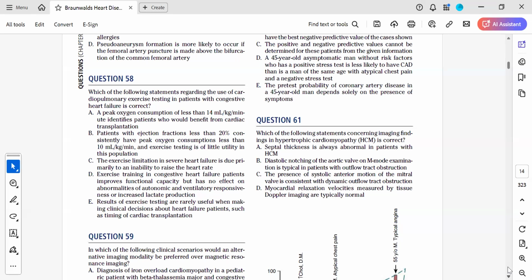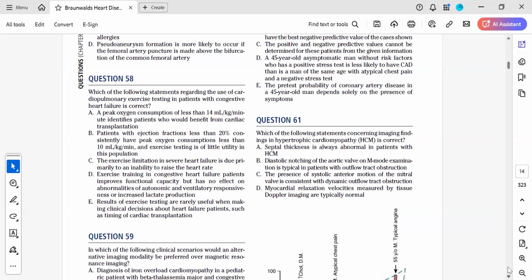So patients with peak oxygen consumption of less than 14 mL per kg per minute may not be able to undergo a complete stage 1 on the standard protocol.